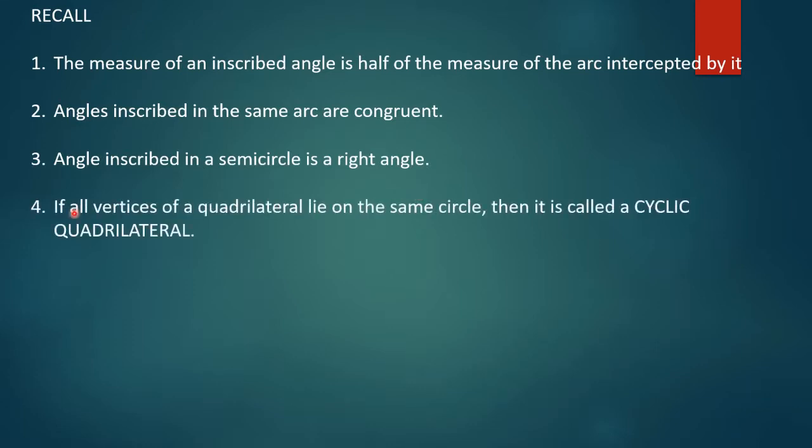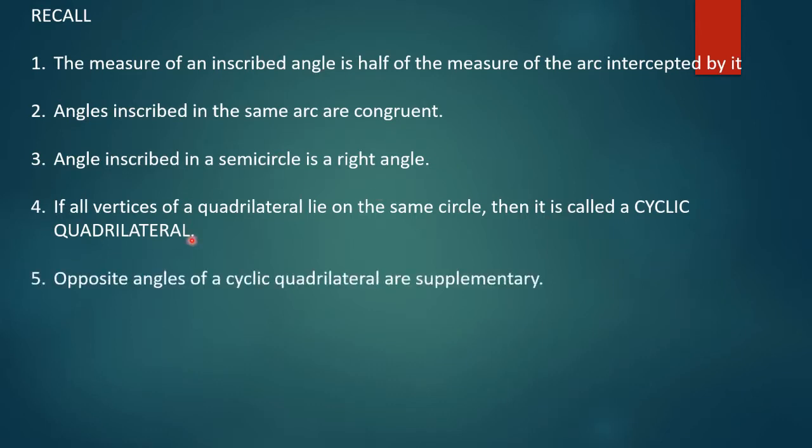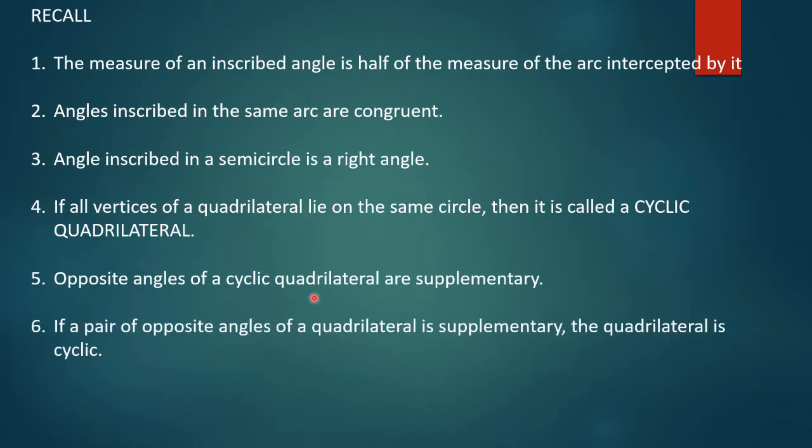Fourth, if all vertices of a quadrilateral lie on the same circle, then it is called a cyclic quadrilateral. Fifth, opposite angles of a cyclic quadrilateral are supplementary. This is the cyclic quadrilateral theorem.